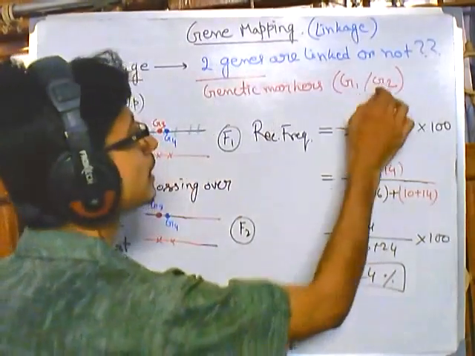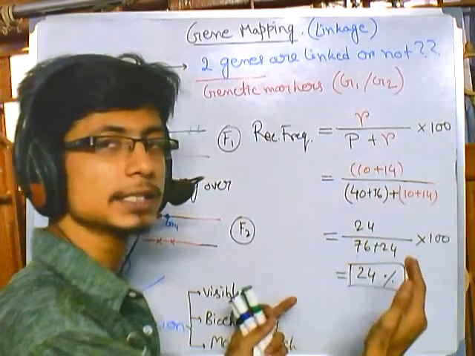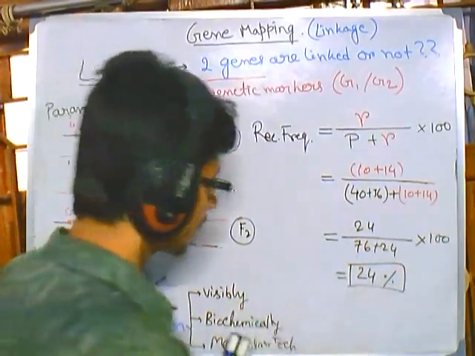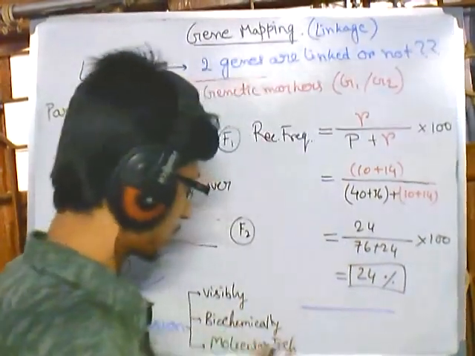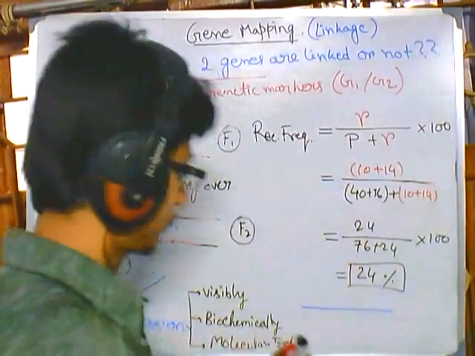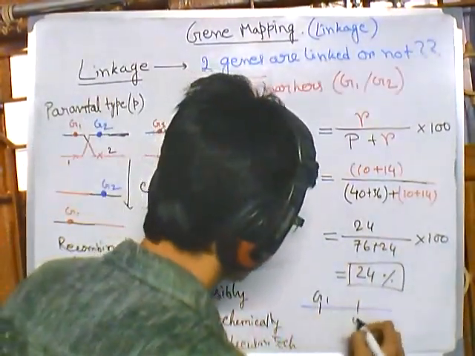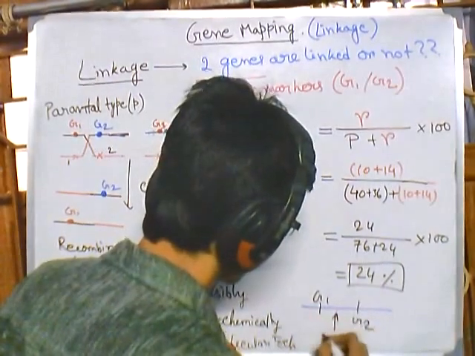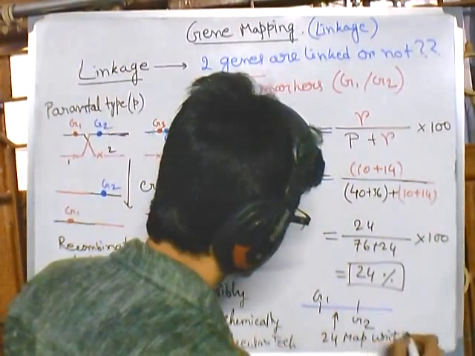That means G1 and G2 are placed 24 map units apart. So if we draw this gene chromosome, then G1 and G2 are 24 map units apart.